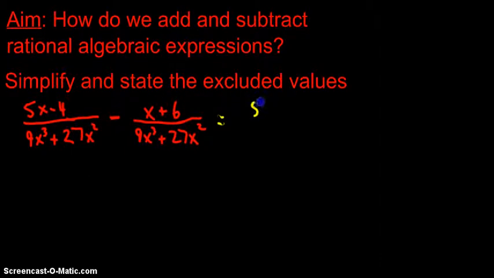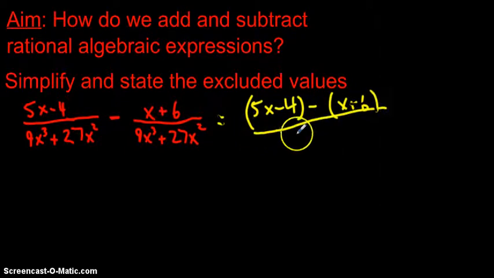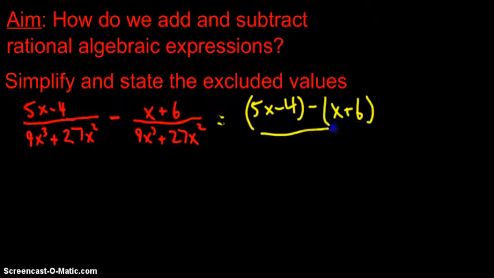So this should really be 5x minus 4, that entire numerator, minus x plus 6, all of this over 9x to the third plus 27x squared.